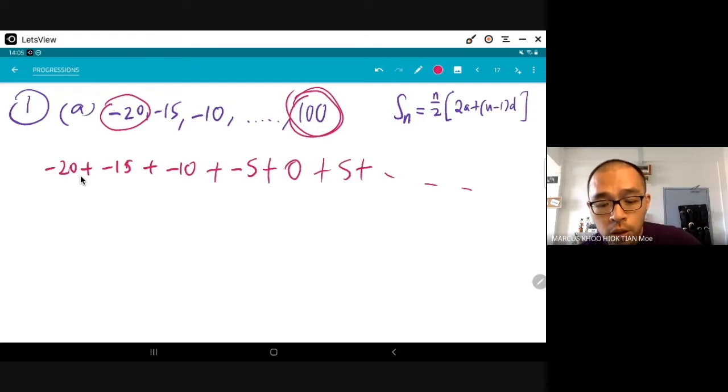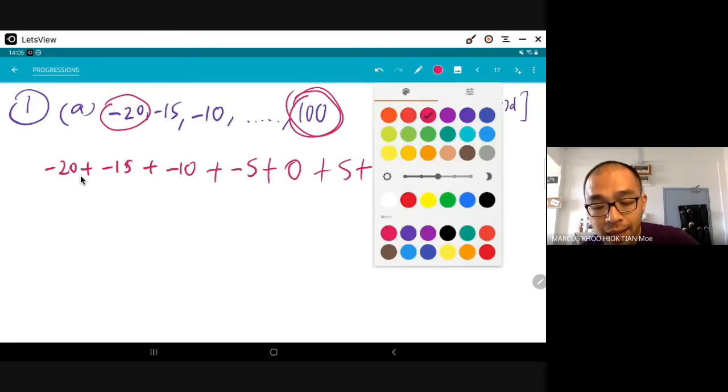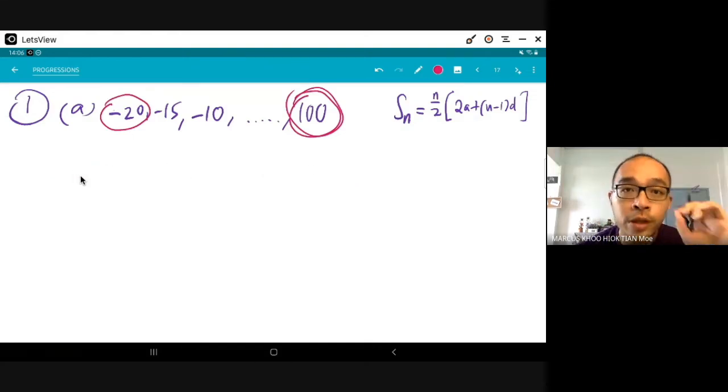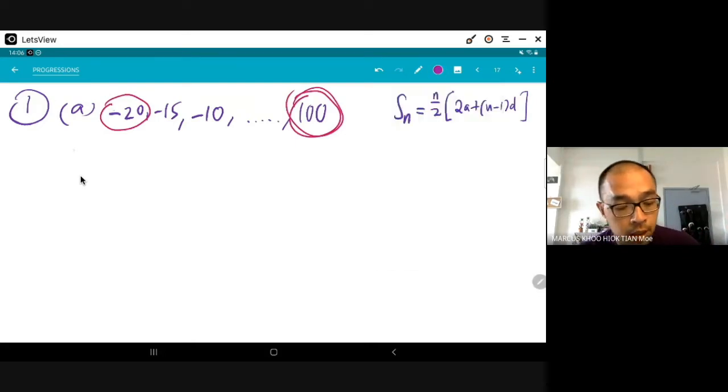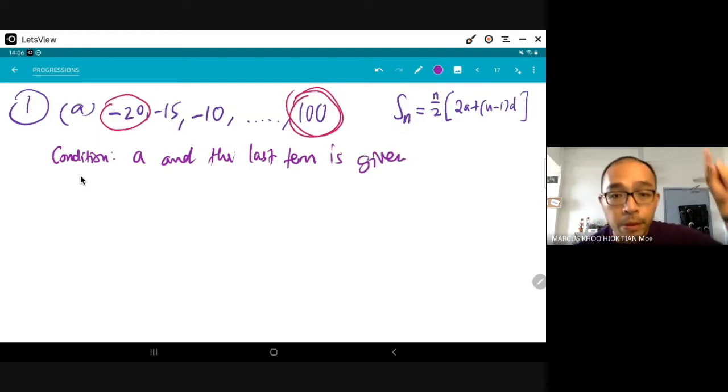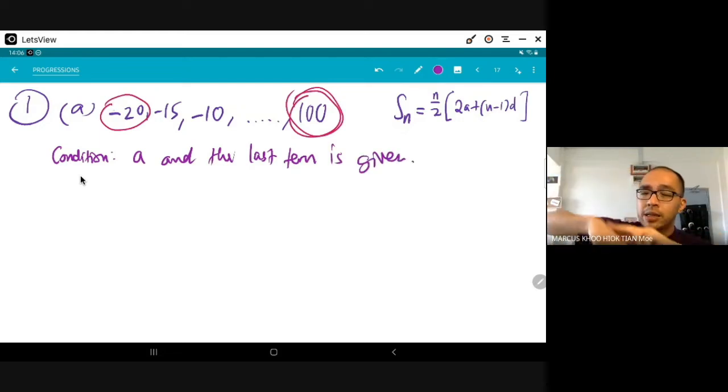When you are given the first and the last term, we use another shortcut. The condition is that A and the last term are given, meaning the first term and the last term are both given.